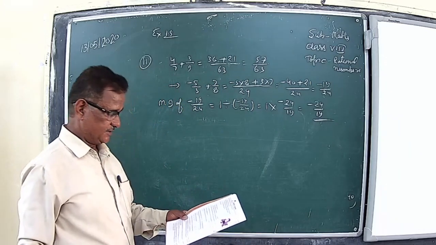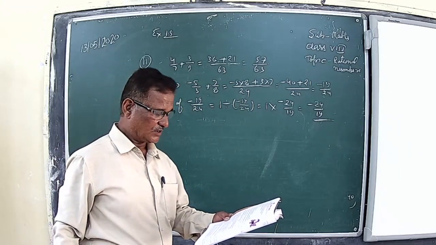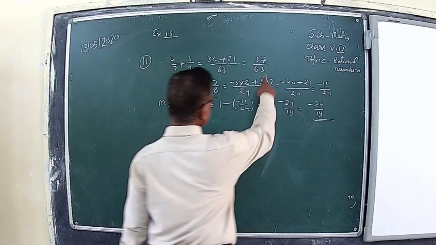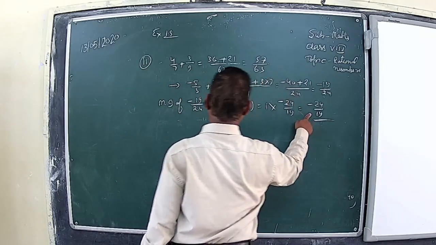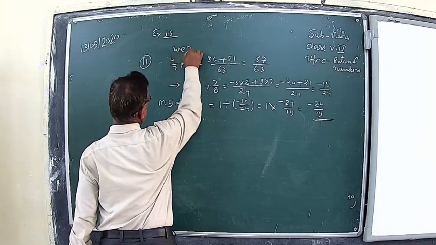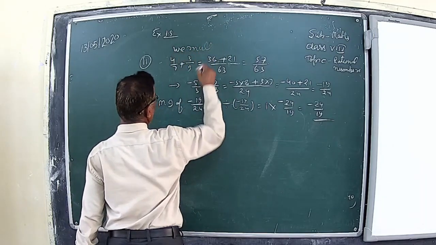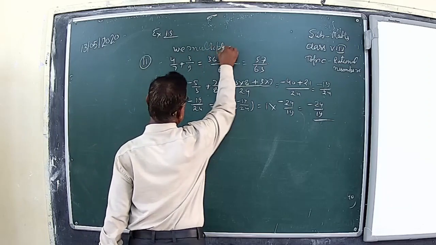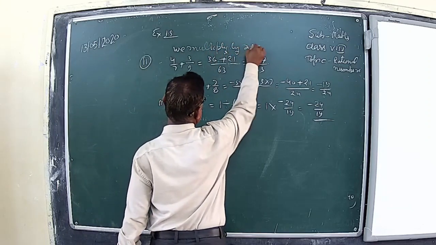This is the multiplicative inverse of this number. The question is, what should you multiply by this number to get this number? Suppose we multiply by x.